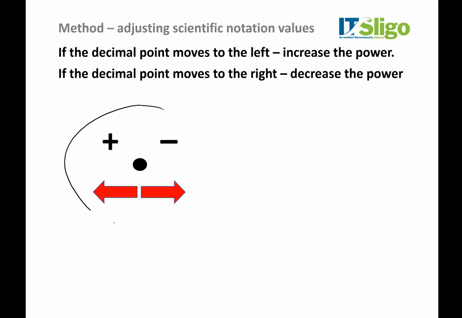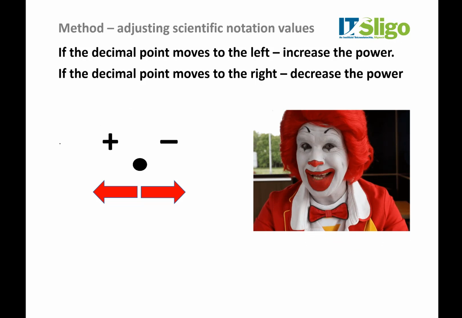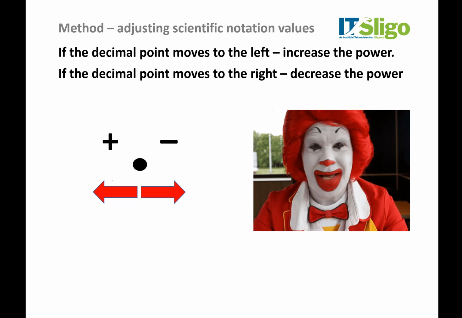I always think this kind of looks a bit like a clown, a Ronald. If you remember this, guys, it will always help you as we move through the later slides. Decimal point moves to the left, increase the power. Similarly, if you need to increase the power, then you move the decimal point to the left. We'll see as we move through other examples.